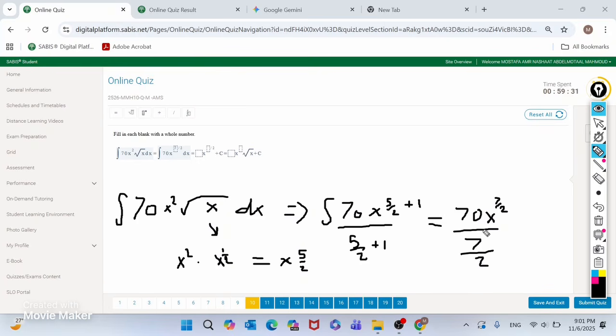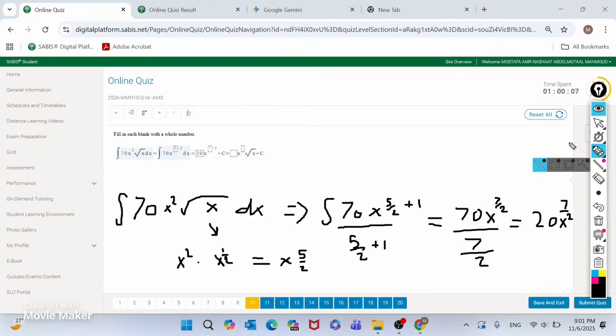Now 70 over 7 over 2, just do it on your calculator, gives you 20. So if you simplify it, it's 20 x to the power of 7 over 2. Obviously guys, don't forget the plus c, because when you're integrating, you need to add the plus c.